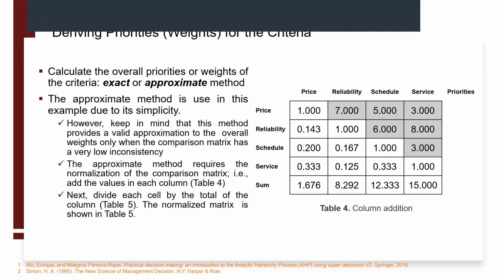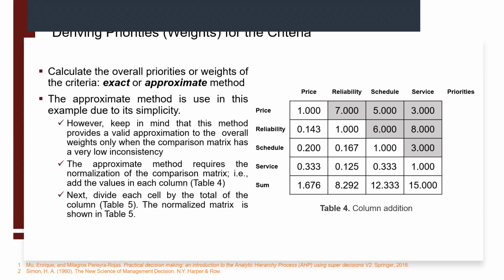In this one we made use of the approximate method, basically because of its simplicity. But we have to keep in mind that this method provides valid approximation to the overall weights only when we have a very high consistency in the way we evaluated.